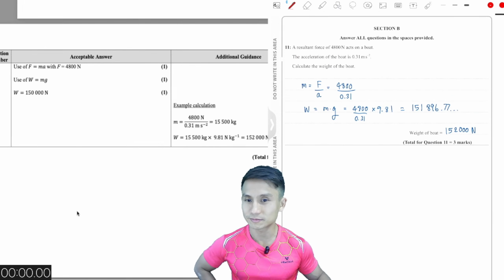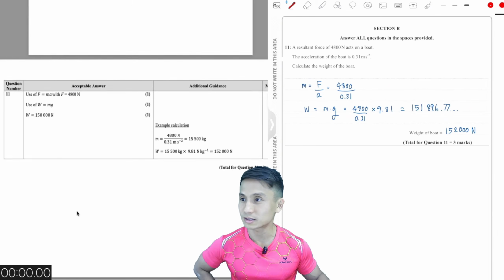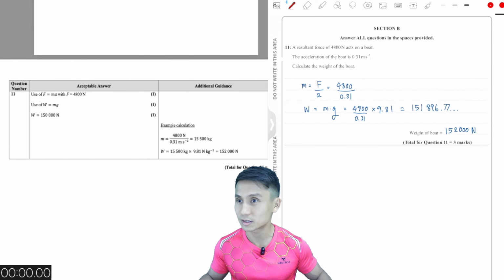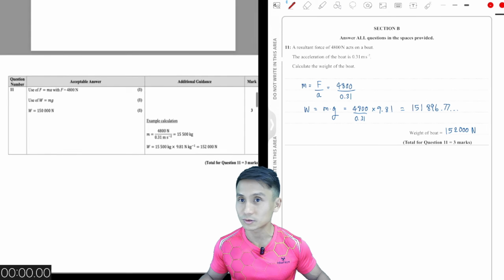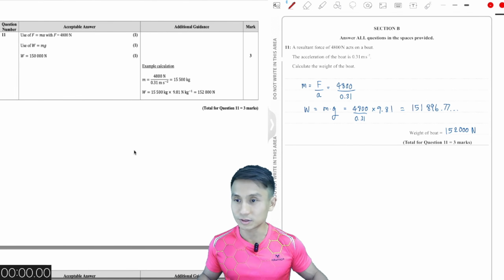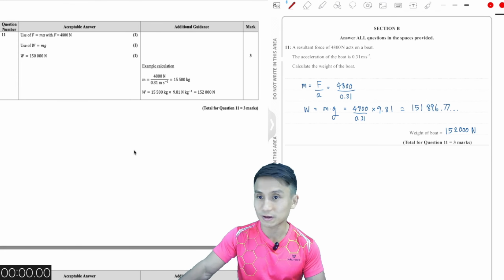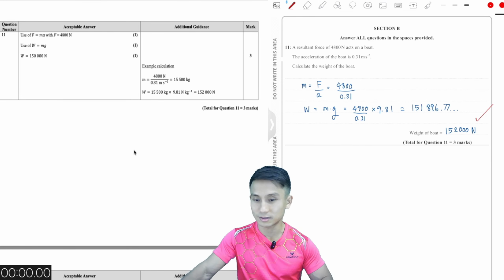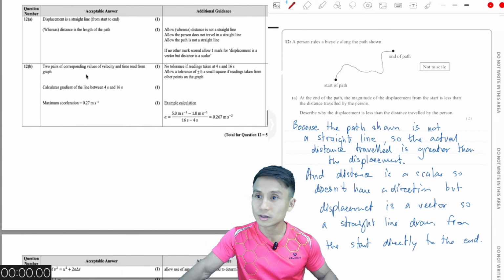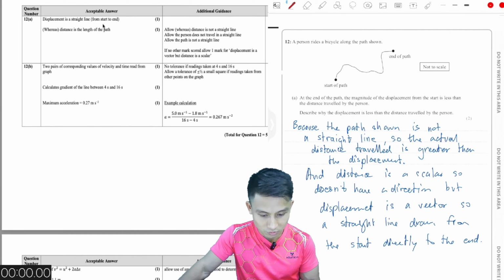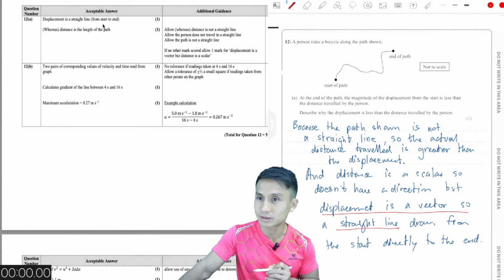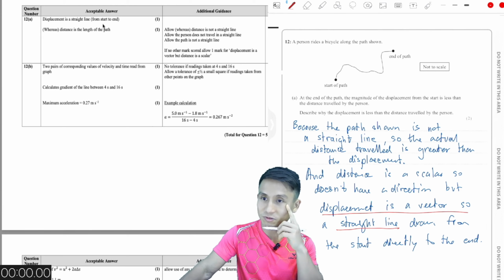And then number 11, yeah. Well, let's hang on. Let's make that a little more proper there. So, okay, here we go. So number 11, yeah, 152, that should be fine. Number 12, displacement is a straight line, so I'm just going to underline that, because it covers what it says there from start to end.